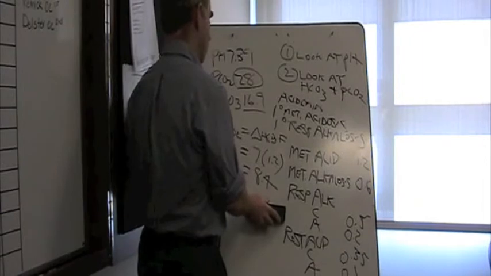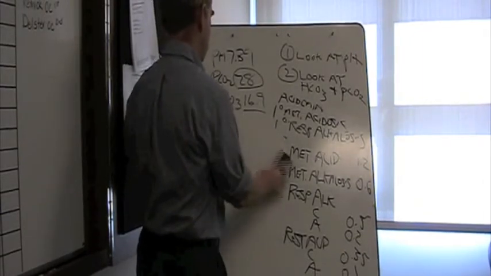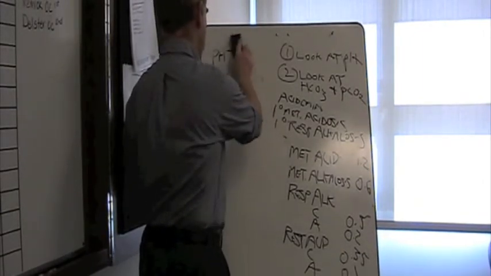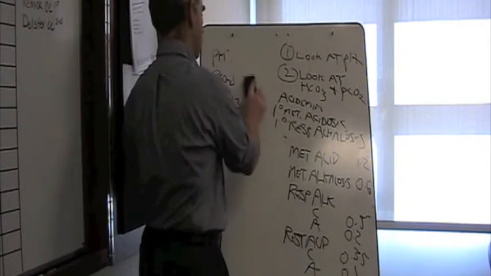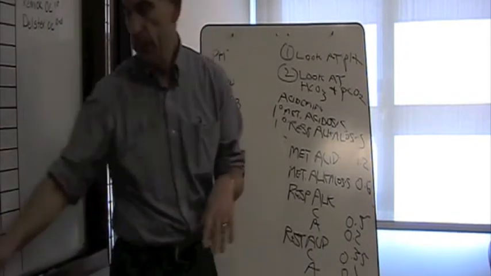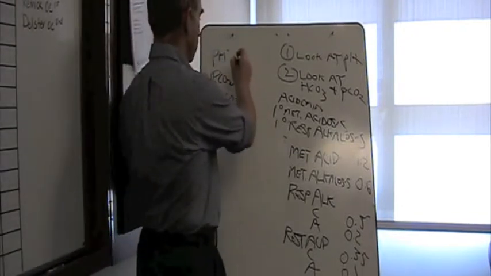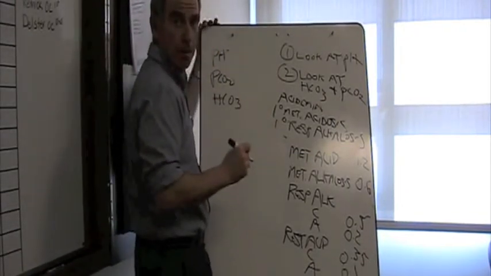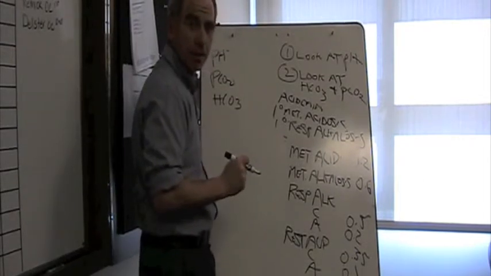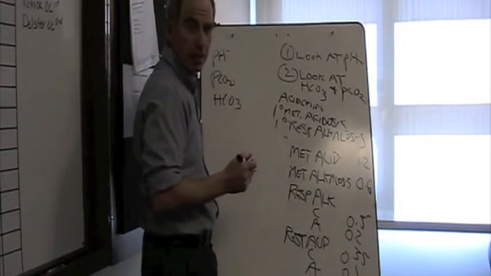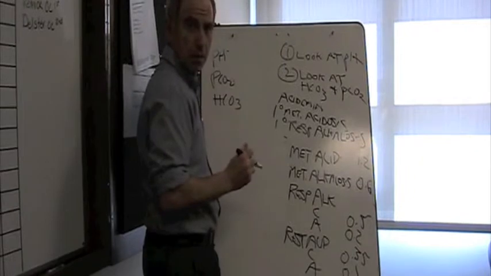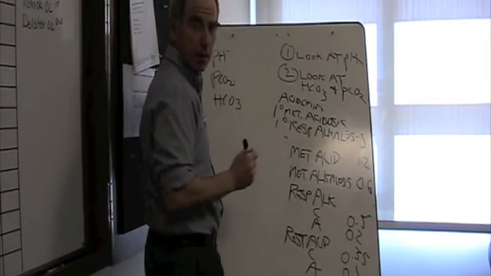We'll do one more. Another one? Do you want one with anion gap or without? We'll get to the anion gap later. It doesn't matter either way. There are no alkalotic pHs here.